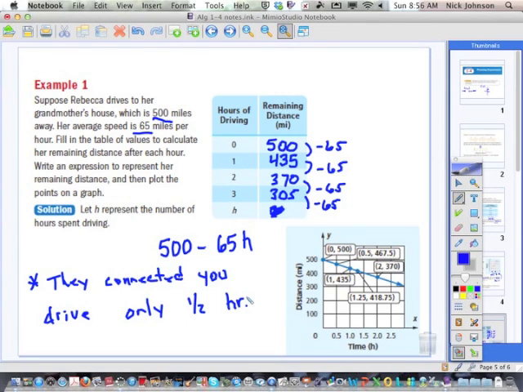Stopping, get gas, go inside, get a drink, whatever. But those fractions occur in this case. This is a real-world problem. Okay? You can drive 3.7 hours. That is why we connected those dots.